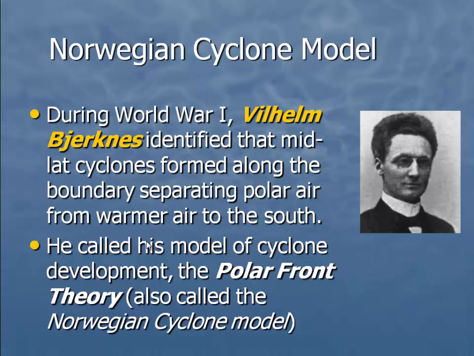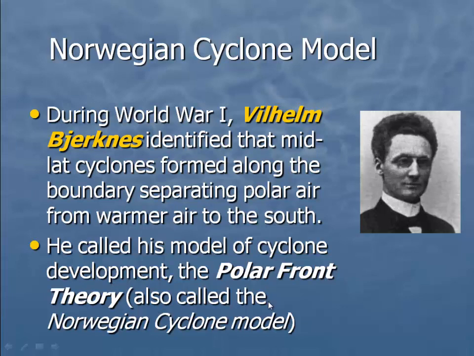So here's Wilhelm Bjerknes. He basically developed this idea of the Norwegian cyclone model, and he called his theory of development polar front theory, because he was seeing these mid-latitude cyclones develop in the vicinity of the polar front jet stream, which is, again, at about 60 degrees north and 60 degrees south latitude.